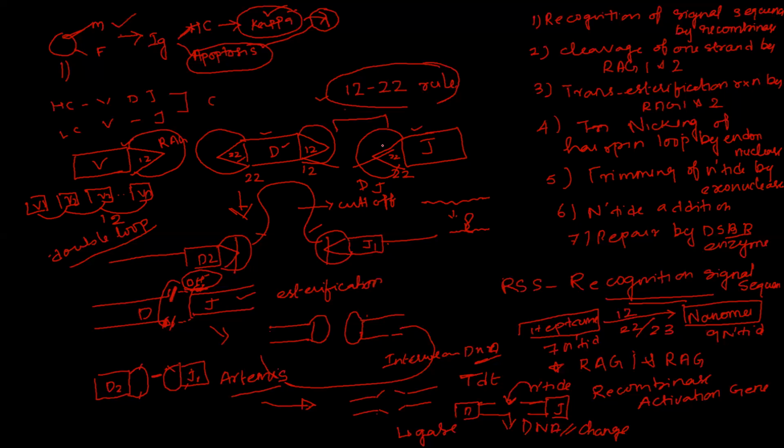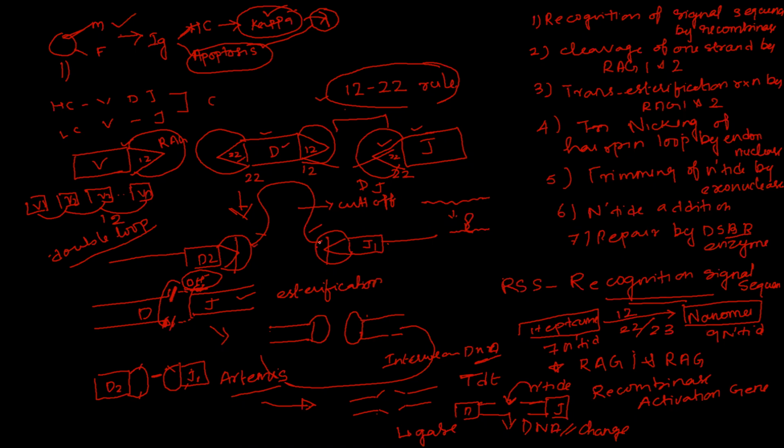Initially, recombination of D and J takes place. When it brings together the part, the part which is present in between these two will be cut off in such a way that a small part of RAG is going to be present.